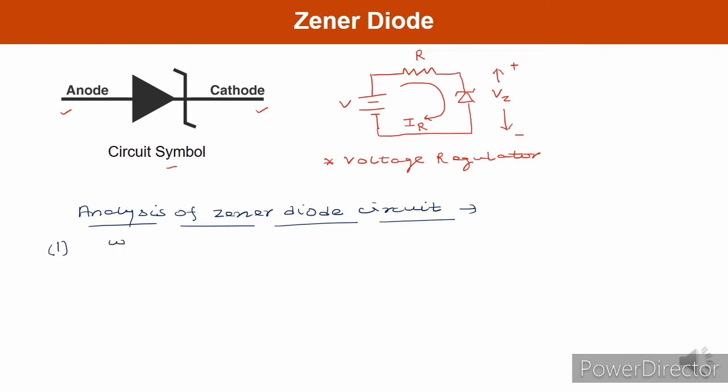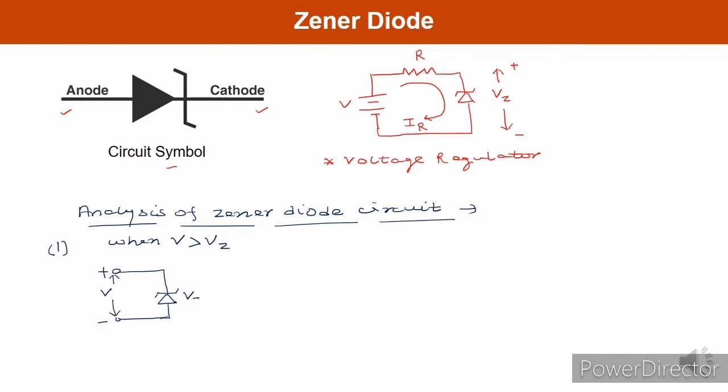When the applied voltage V is greater than the Zener voltage, here what will happen? Let me draw it. When this applied voltage is greater than the Zener voltage, this is the case.